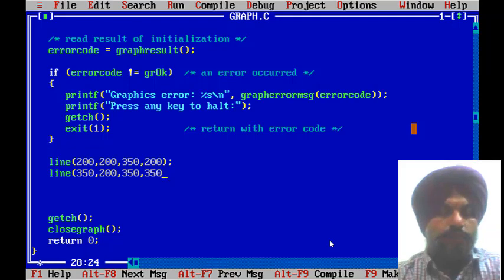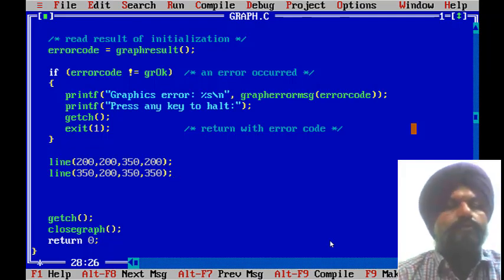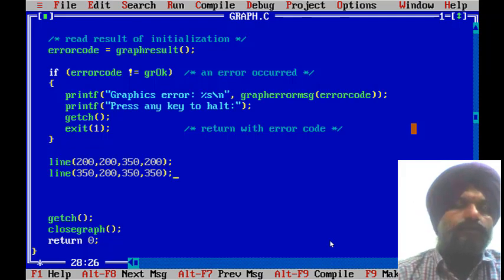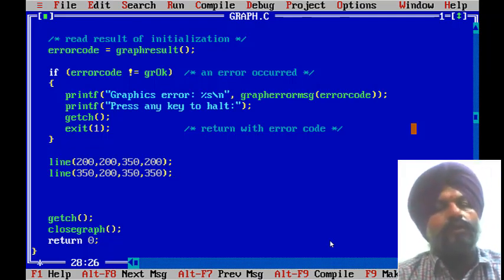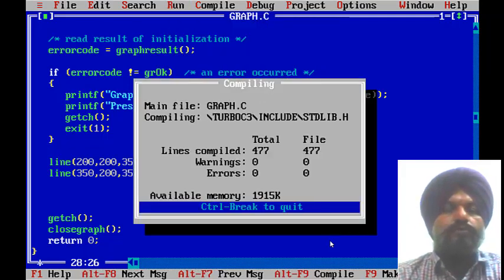In that case, the last point of the first line becomes the first point of the second line, and then we increase the value of the y-axis and it becomes 350. Now see how this will be drawn.